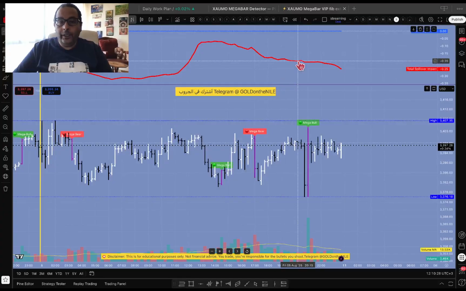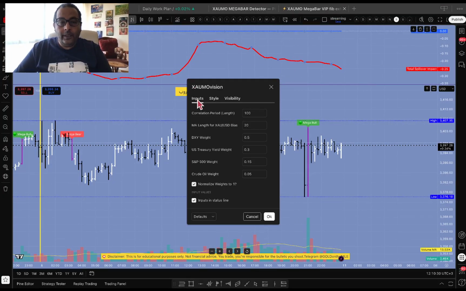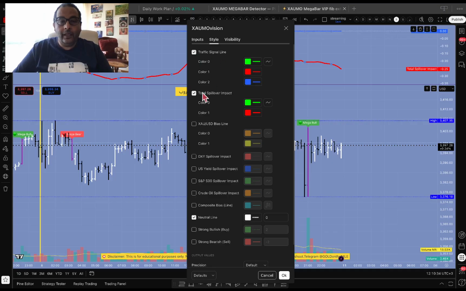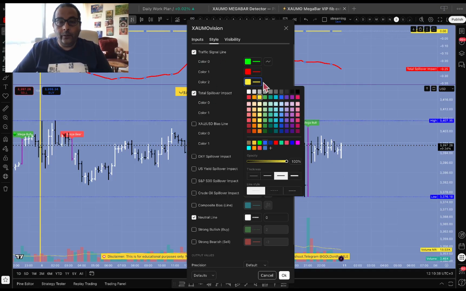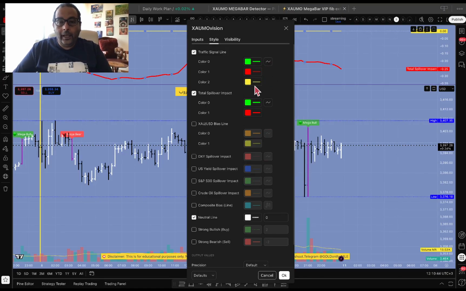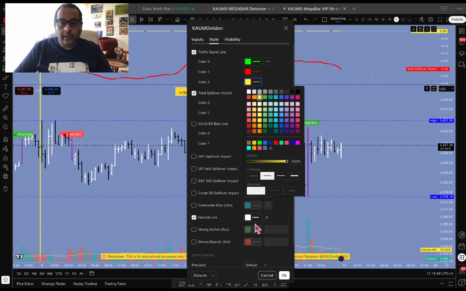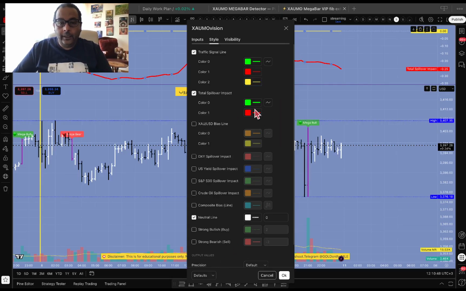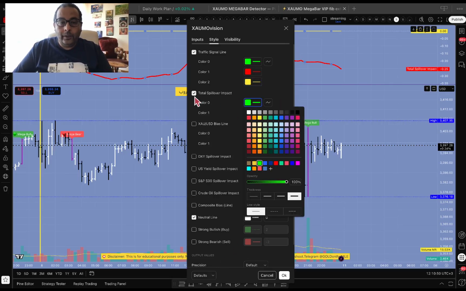So what you will do here on the XAUMOvision is set it up. You need to click on the style. You just keep the traffic signal light, total spillover. Let's put the traffic signal light here to yellow, so it will be green. Let's make the setup 2, 2, 2, and 2 so you can see it. We don't want the spillover.